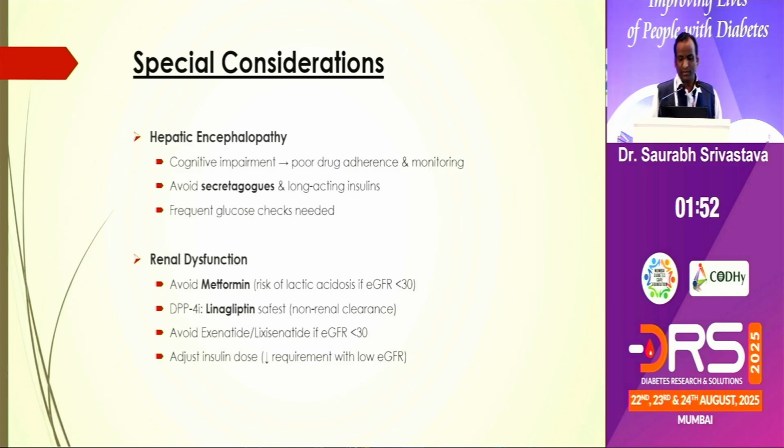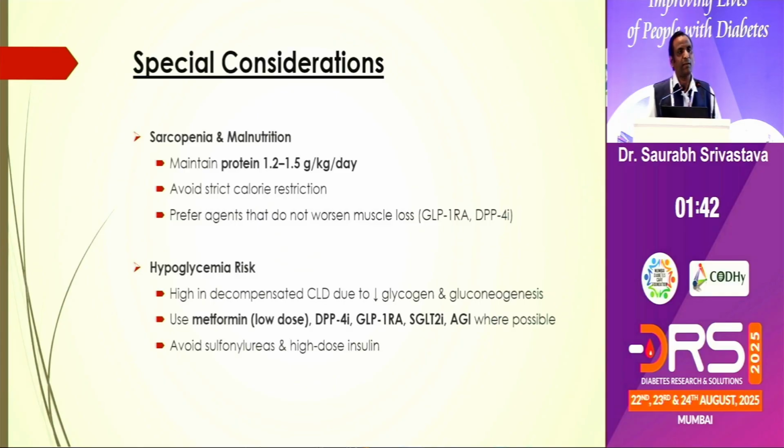In renal dysfunction, metformin should be avoided. Among DPP-4 inhibitors, linagliptin is the safest, and exenatide and lixisenatide should be avoided. In sarcopenia and malnutrition, the protein requirement should be around 1.2 to 1.5 grams per kg per day.